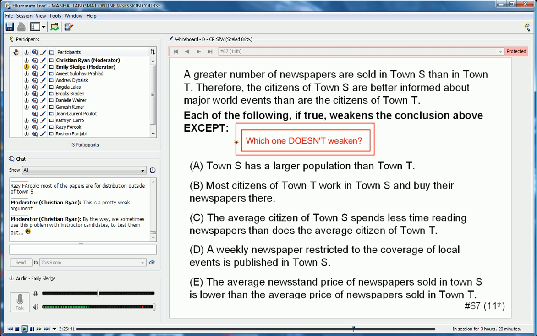And let me hear from you in the chat window. Everybody just type in, are there choices up here that you recognize from our little brainstorm earlier? Which of these correspond to the things we thought of as possible weakeners? Any of them ring true to you? Go ahead and type in if you saw them here.